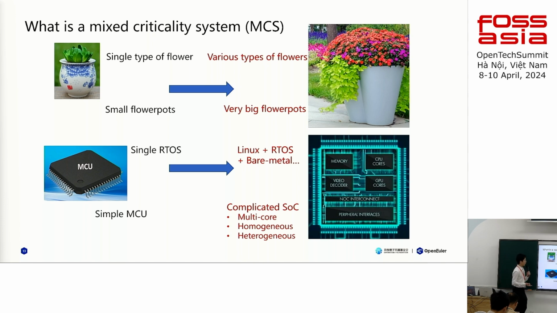Nowadays, we have very complicated SoCs with multi-cores, even heterogeneous cores, so that we can run more than one OS on the SoC. For example, we can run Linux plus RTOS plus other kinds of bare metal applications. But to ensure safety, we need to provide an isolation mechanism so that if one OS dies, it will not affect other OS running.